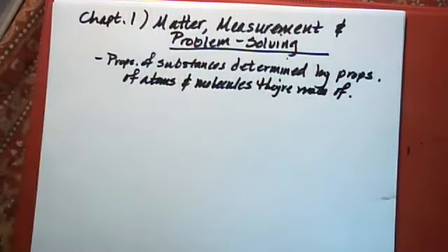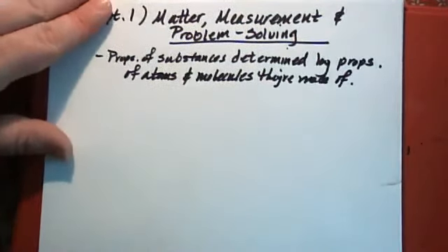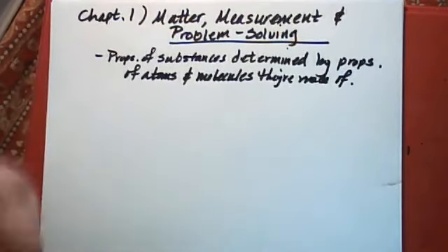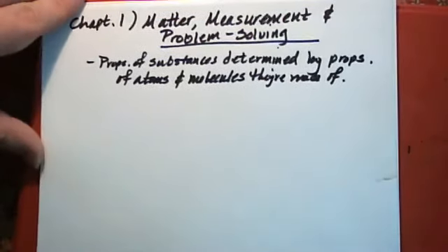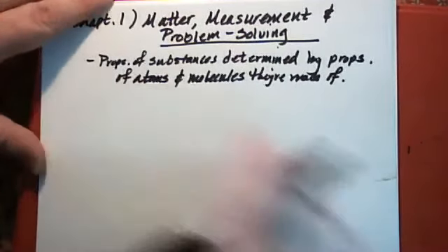Seems obvious to us, but actually, for a long time, there was a raging debate over whether atoms even existed, or whether matter was exactly the same at the smallest levels as it is at the largest levels. And we'll get to that in a little more detail in a little while.